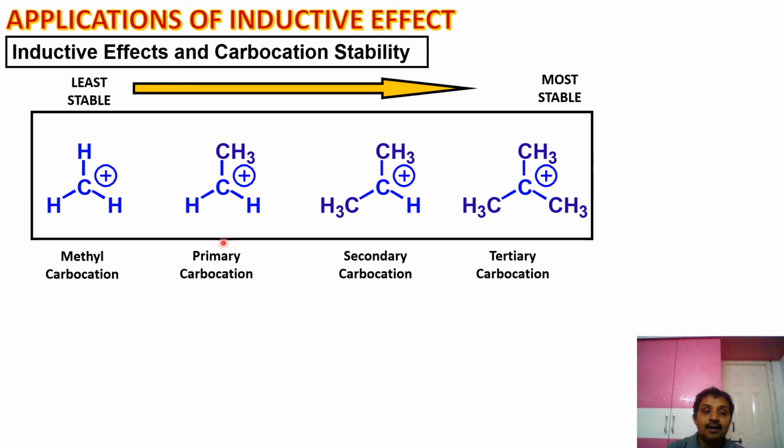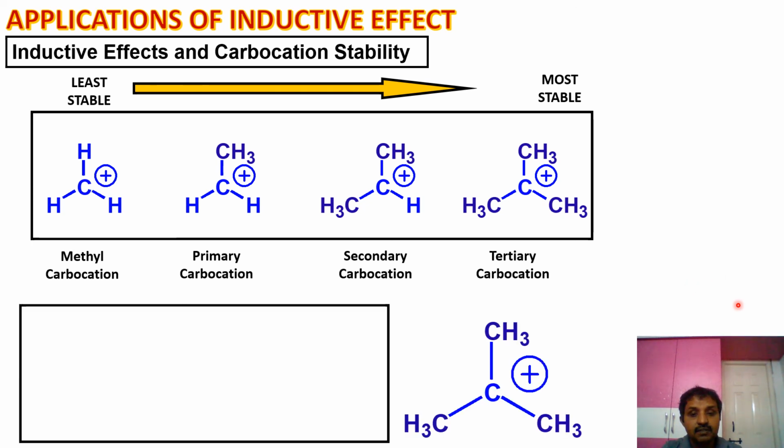In the methyl carbocation, no alkyl groups are there to supply electron density, so it is least stable. With the introduction of alkyl groups in place of hydrogen atoms, the positive inductive effect increases and the stability of the carbocation increases. So tertiary carbocation is highly stable.